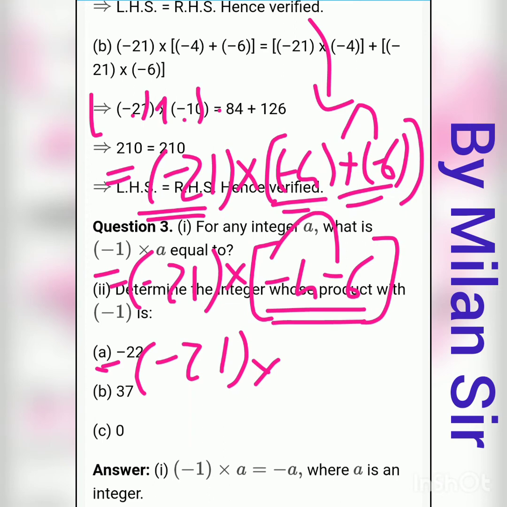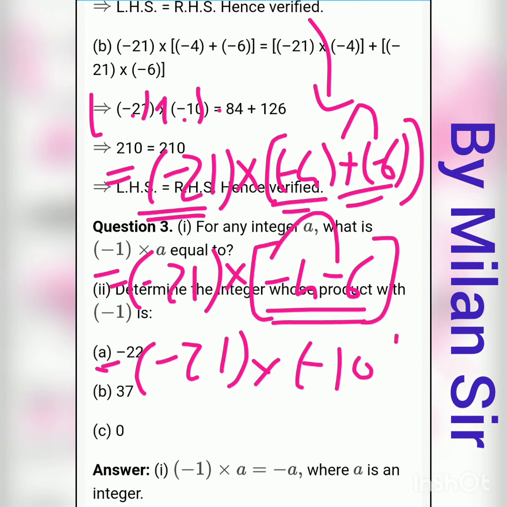So 6 plus 4 is 10, and the bigger number 6 has a negative sign, so the sign is negative.